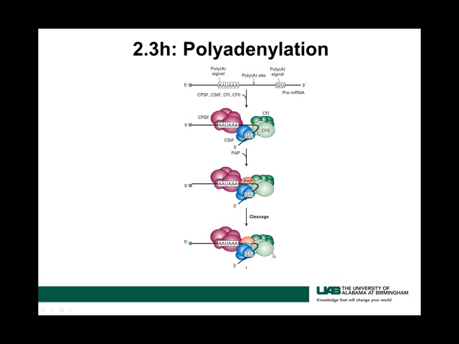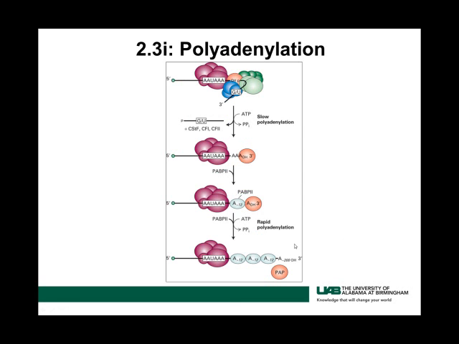Now, after cleavage, it begins to add A to that 3' end right here, and you get a series of A's. You're going to have up to 200 A's on that poly-A tail right here.